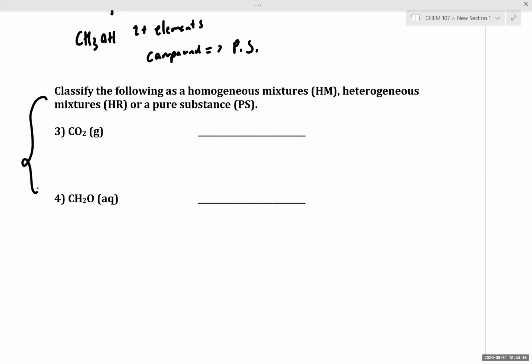Aqueous means dissolved in water, mixed with water.